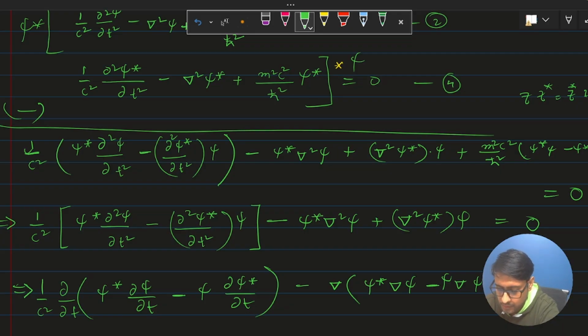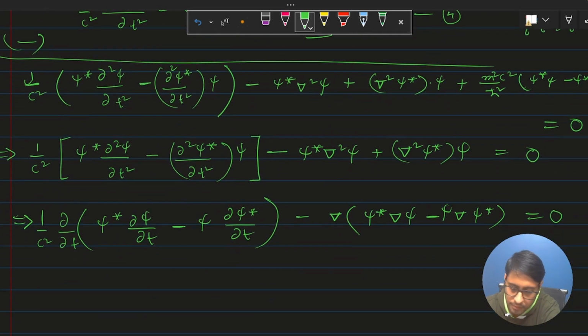Now let's see if this equation is going to match the continuity equation. So what is the continuity equation? We have del rho over del t plus del dot j equals 0. Now let's find the similarities.